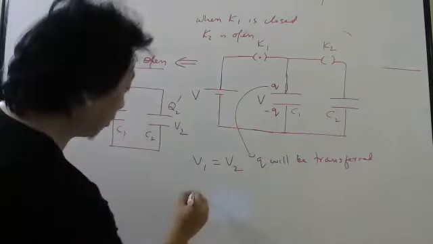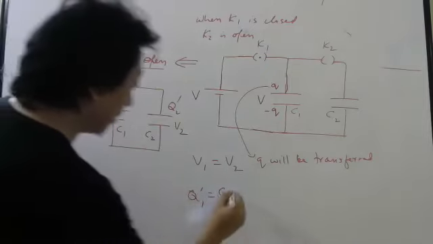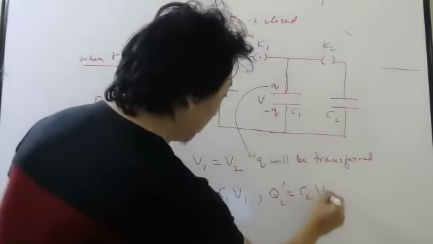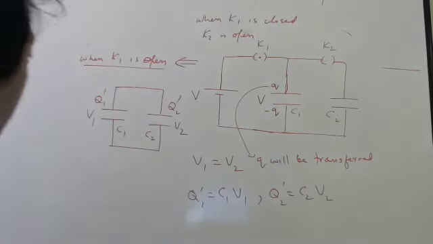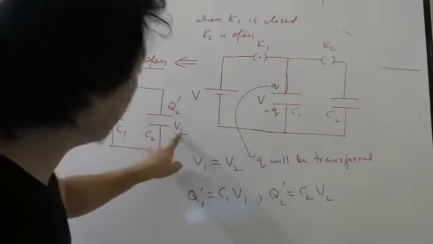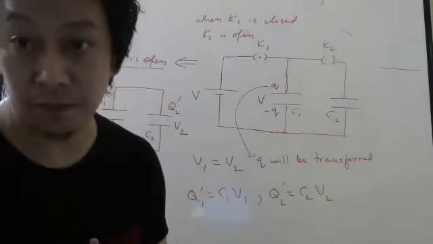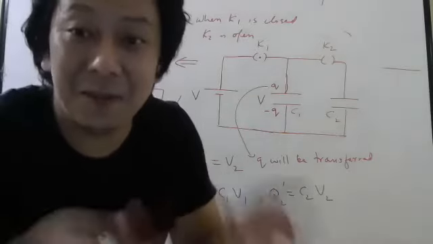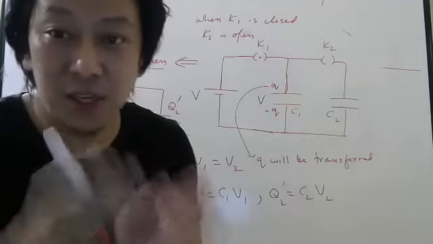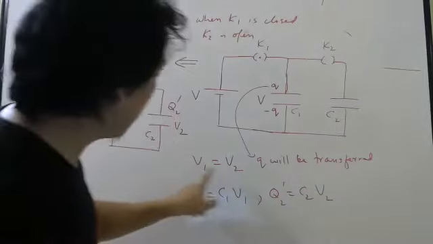What is the formula for Q1 dash? Q1 dash is C1 into V1. And the formula for Q2 dash is C2 into V2. Yes or no, students? But in parallel, V1 and V2 should be same. Even if it is not same, it will become same. Charges will keep flowing till potentials are equal. So V1 must be equal to V2.